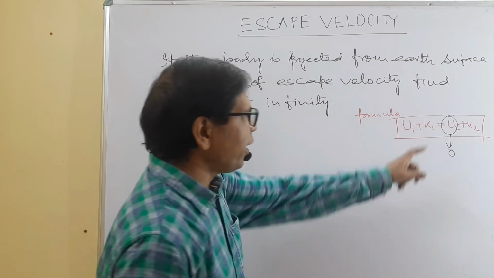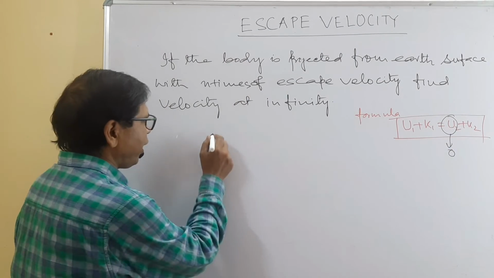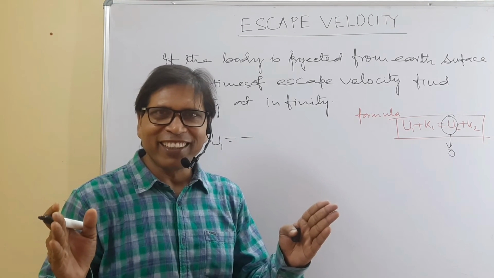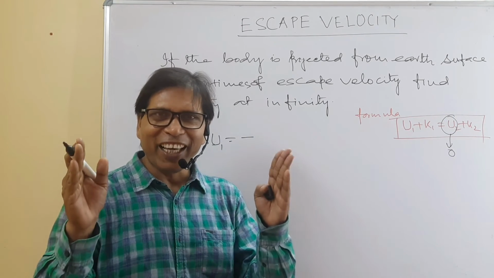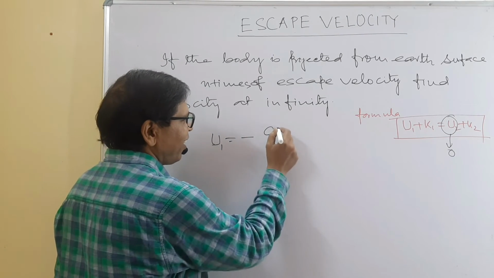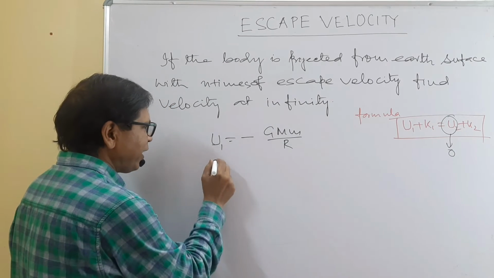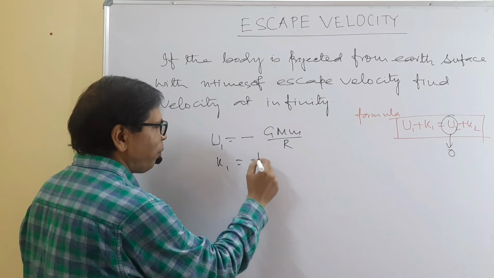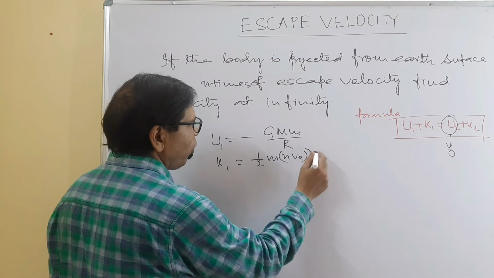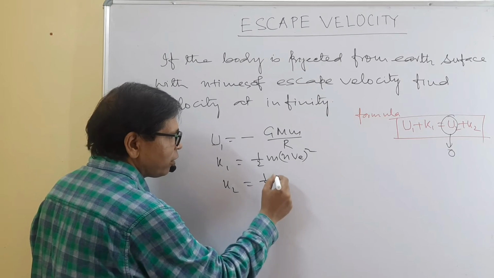Suppose the final velocity be v. What is U1 on the Earth's surface? Minus GMm by R. Now kinetic energy K1 equals half m n square ve square, and K2 is equal to half m v square.